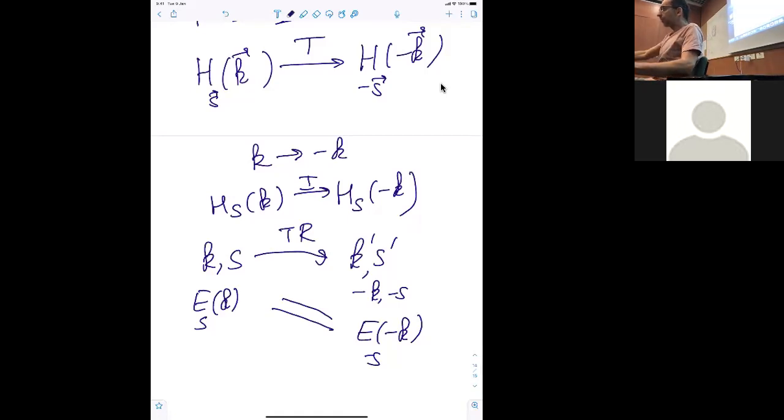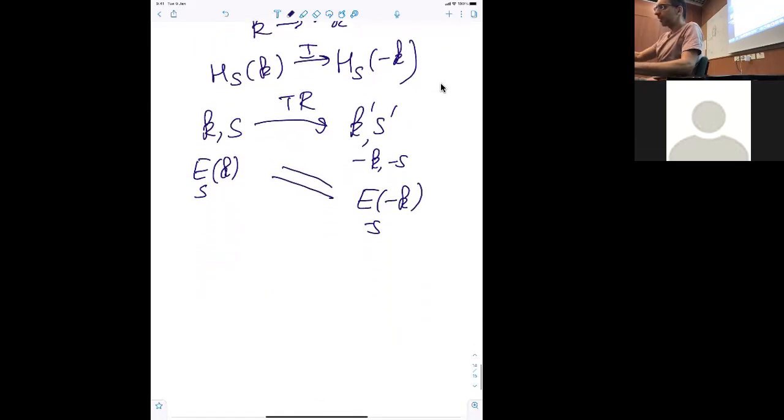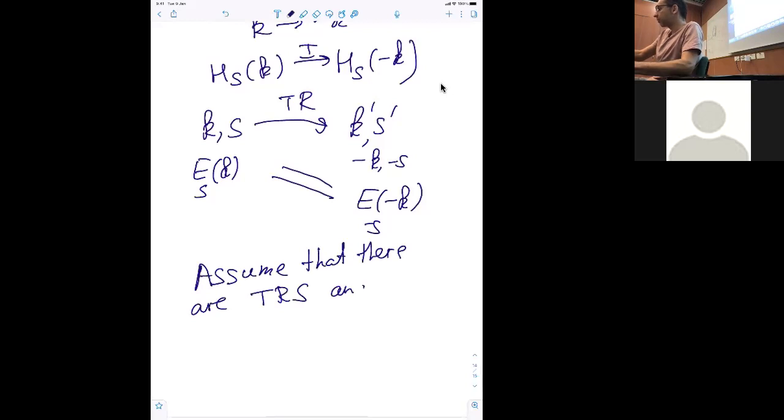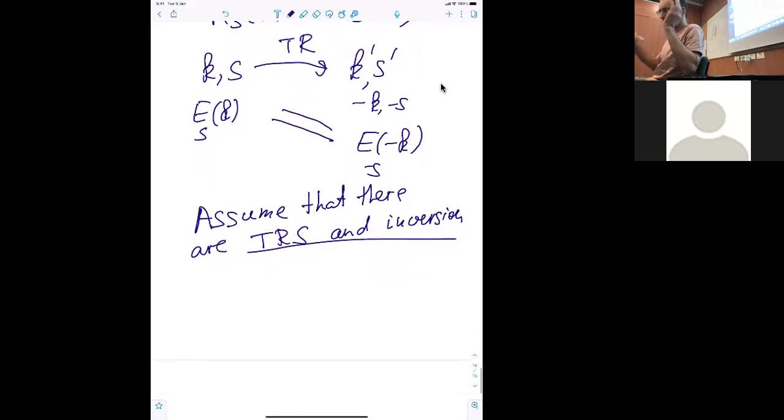Okay, so now assume that there are two symmetries: time reversal symmetry and inversion symmetry. What does it mean? It means that I can do two tricks. Let me start with state K and S and apply time reversal symmetry.